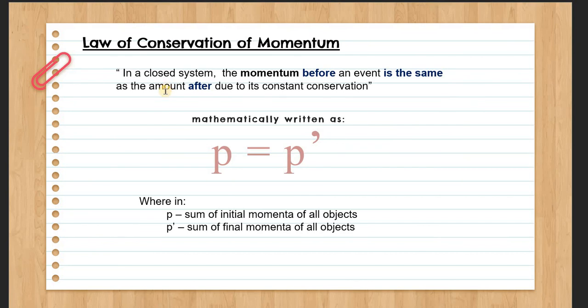So we can also say that the momentum before the collision is equal to the momentum after the collision. Mathematically written as p is equal to p prime, wherein p is the sum of the initial momenta of the objects, and p prime is the sum of the final momenta of all the objects.